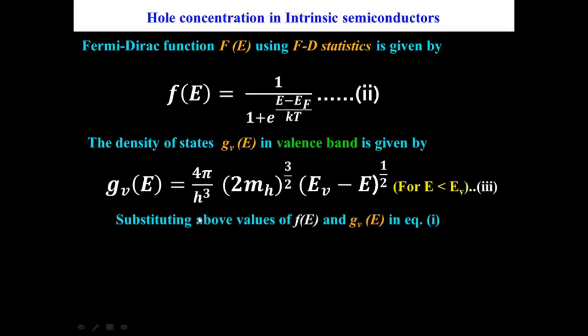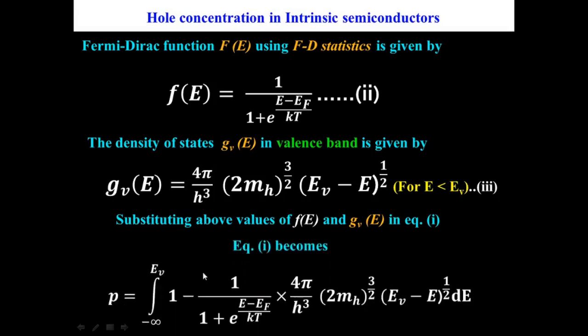By substituting the above values of Fe and GVE in equation number 1, the number of holes, that is hole concentration, is equal to integral from minus infinity to EV, 1 minus 1 upon 1 plus exponential of (E minus EF) by KT.